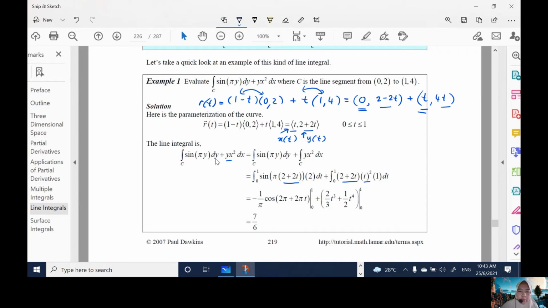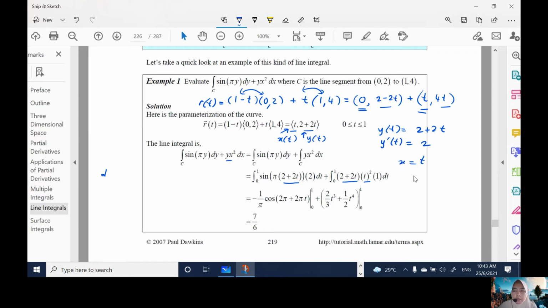Remember that whatever we have here as dy and dx, they must be multiplied with their first derivative. Since y(t) equals 2 plus 2t, the derivative dy/dt is 2, so dy is 2 dt.